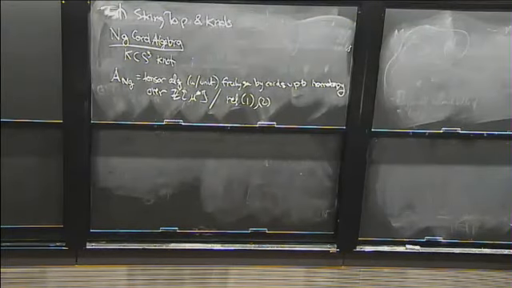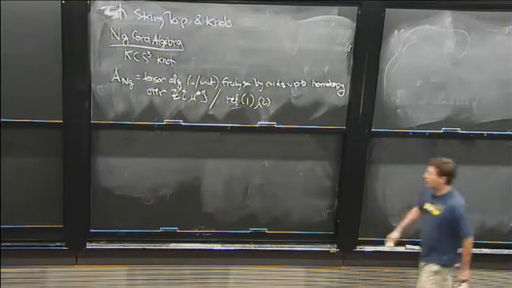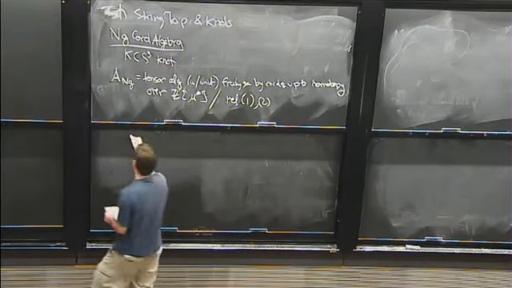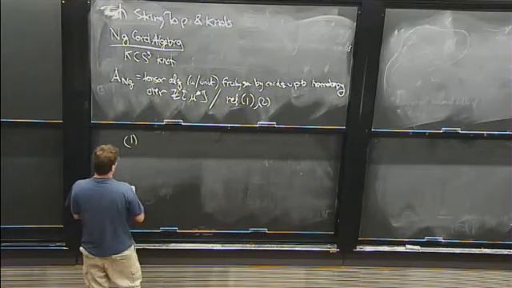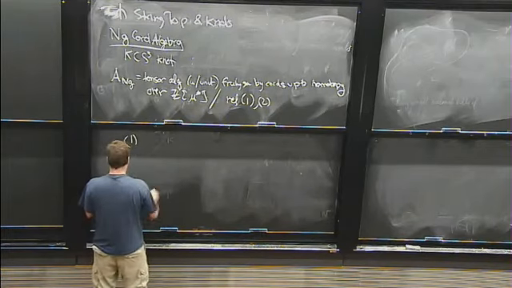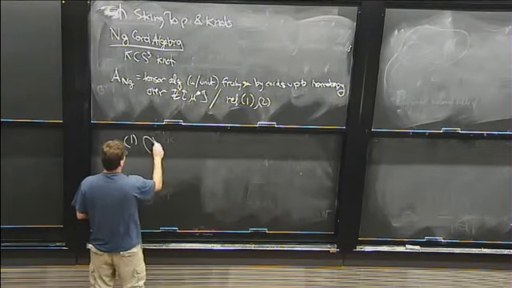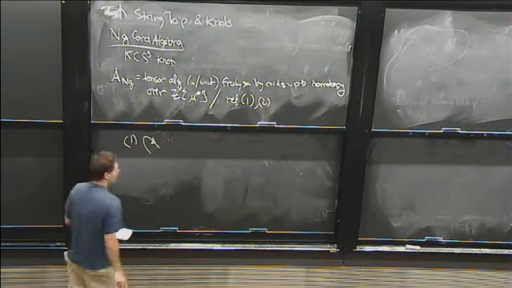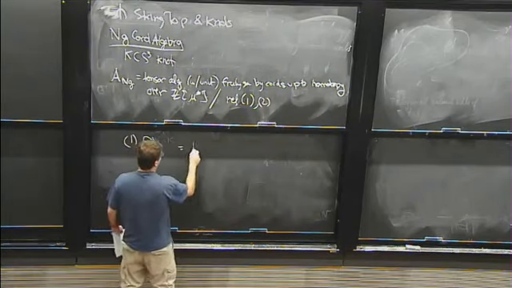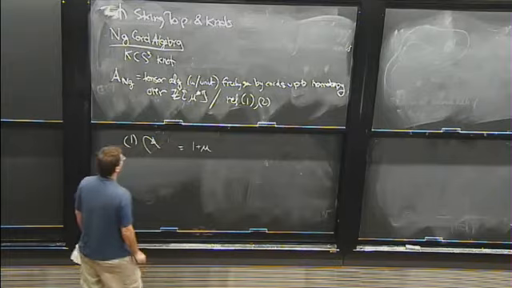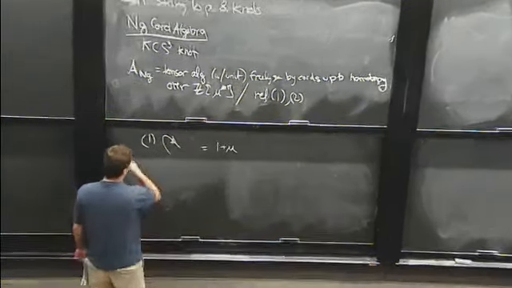All right, so relation 1 is: if red denotes my knot K and white is the chord, and I have a little short chord like this, I'm going to set it equal to 1 plus mu, an element in the ground ring.